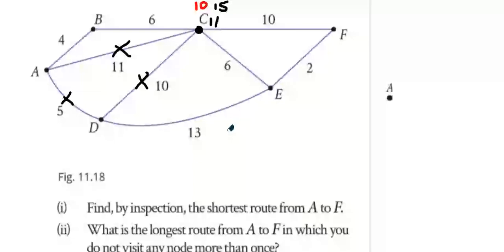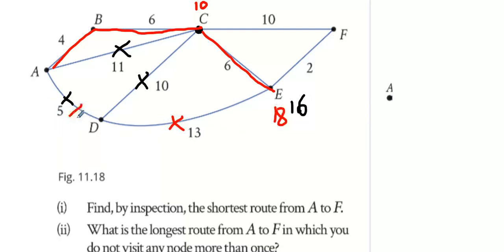Now, to go from, so we have the route 10 from here. So 10 plus 6 is 16 to E. All right, if I go down, this current route I'm going is this one here. And to get to E, I could do 5 plus 13, which is 18, but that's no good because it's longer than 16.